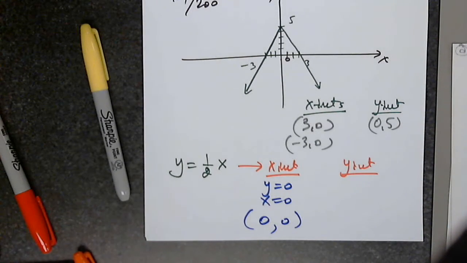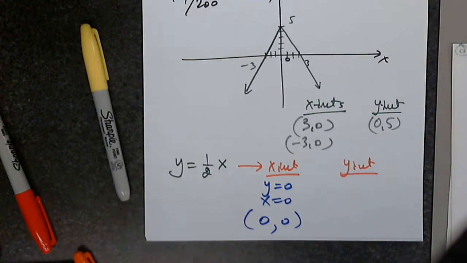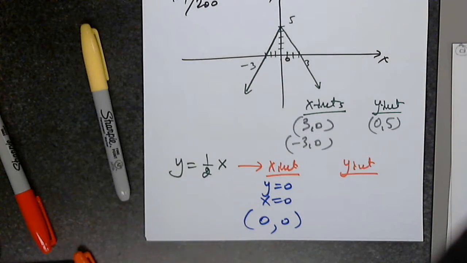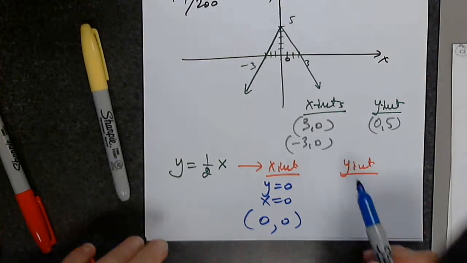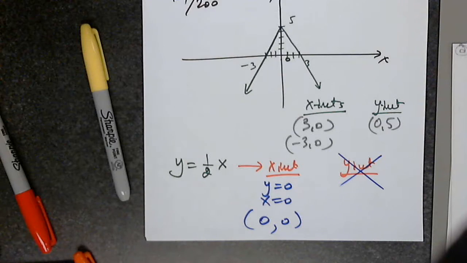That the graph crosses the x and the y-axis at the same time in one point, and that point is the origin. So I cannot find another intercept. This point, 0, 0, is the point at which the equation crosses the x and the y.